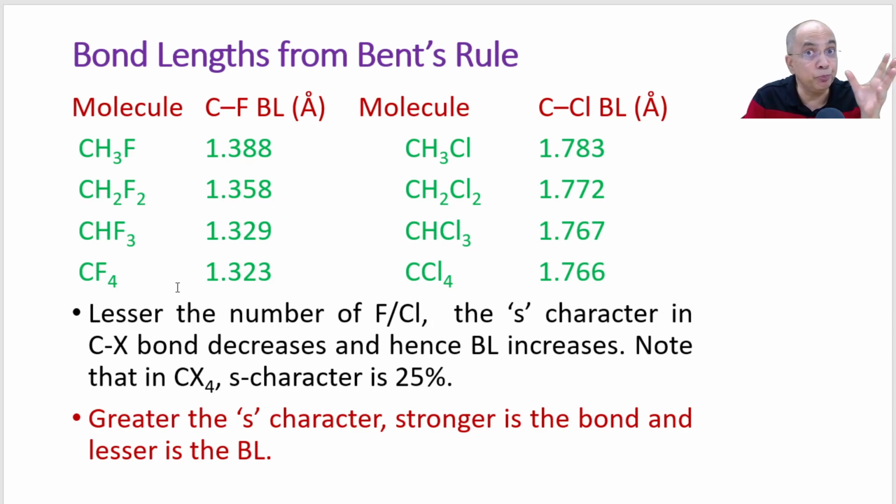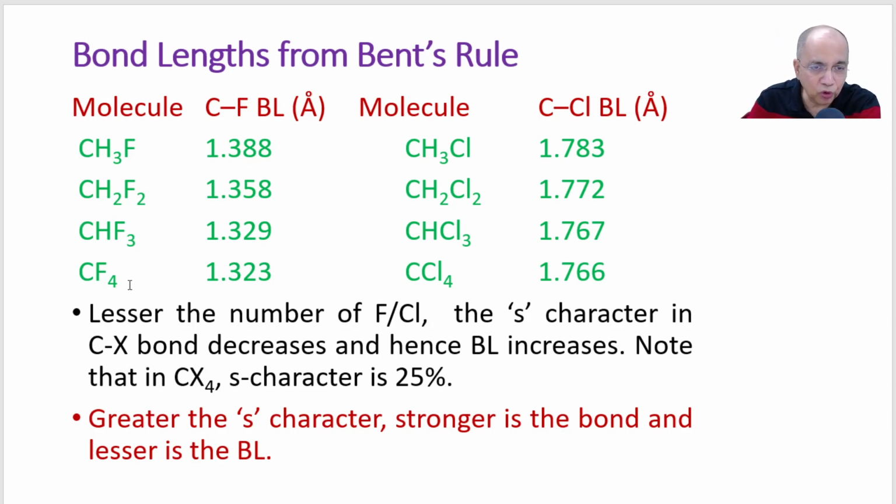And it has been proved beyond any doubt that the bond length goes on decreasing. In monofluoromethane, it is 1.388 and it goes on decreasing, and in tetrafluoromethane, it is 1.323. It is the minimum. Why is the bond length minimum?